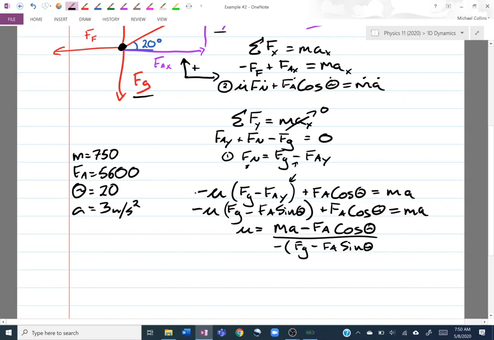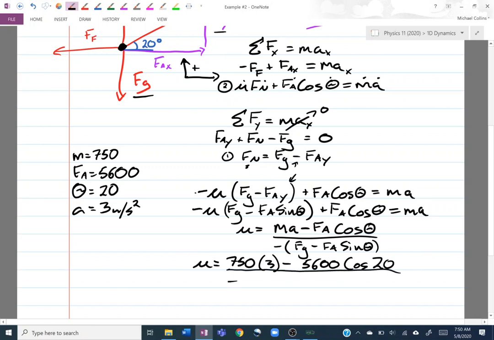And now I conveniently have this list of known variables written down on my left. My mass is 750 kilograms. My acceleration is 3. My applied force is 5,600, cos 20. That doesn't need a bracket.